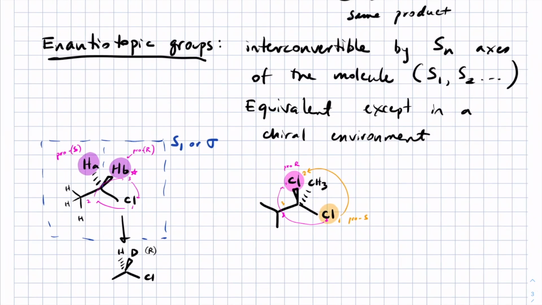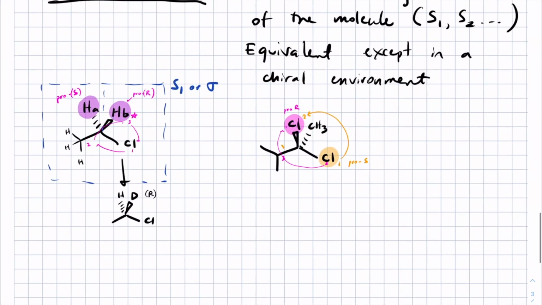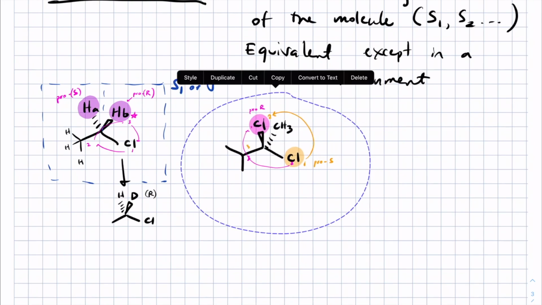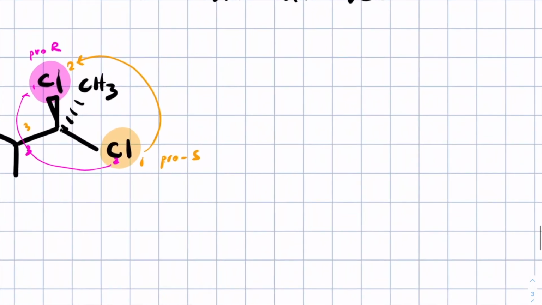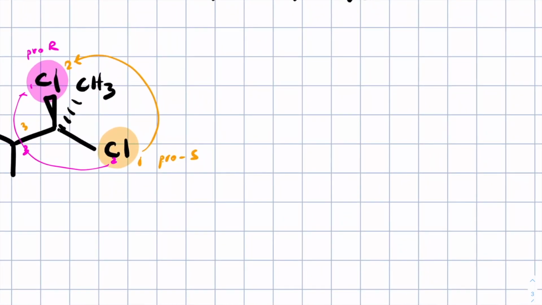All right. We can talk about, similarly as we did for ketones above that had homotopic faces, enantiotopic faces of ketones. So here is an example of a ketone that lacks a C2 axis but does have a mirror plane.